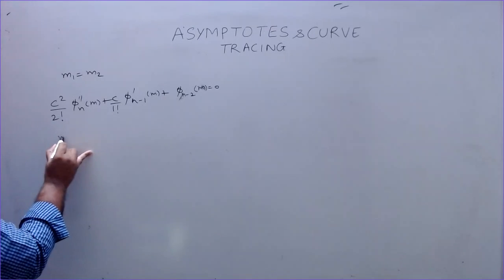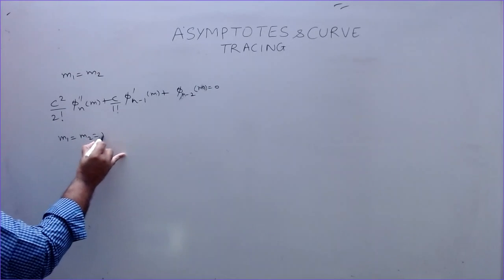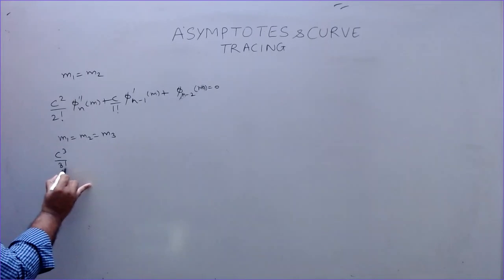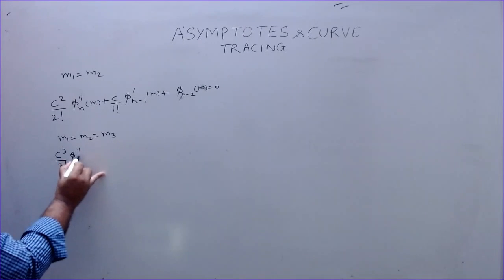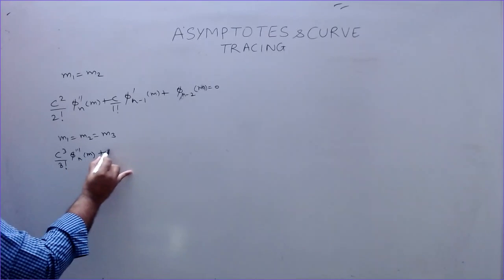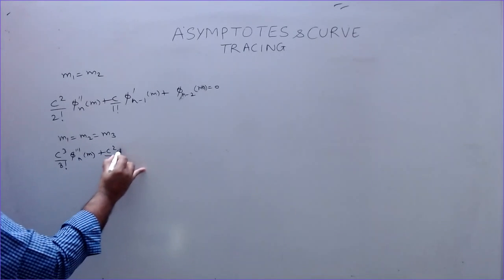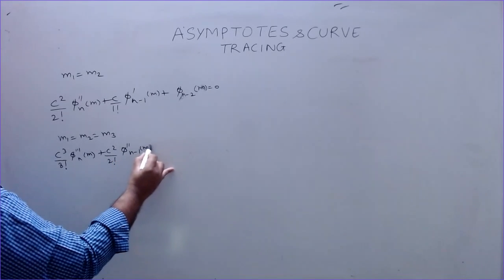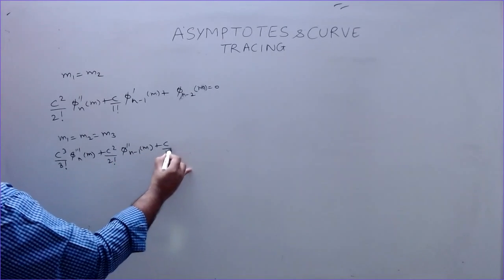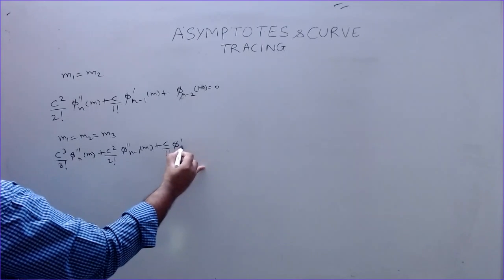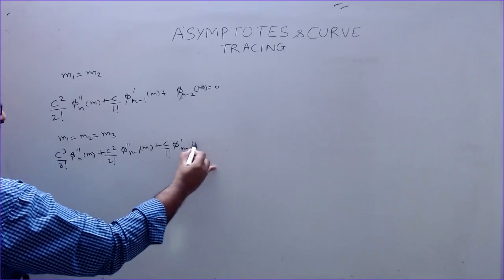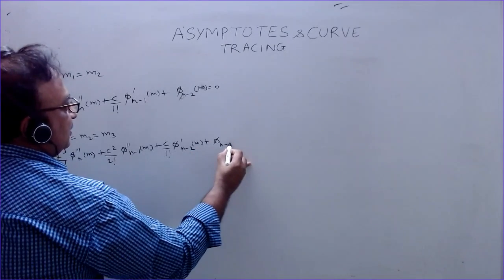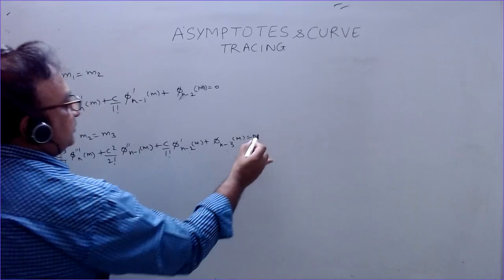If we have three asymptotes which are parallel to each other, you will be getting three same values of m. So the equation becomes c cube by factorial 3 phi triple dash n m plus c square by factorial 2 phi double dash n minus 1 m plus c by factorial 1 phi dash n minus 2 m plus phi n minus 3 m is equal to 0.